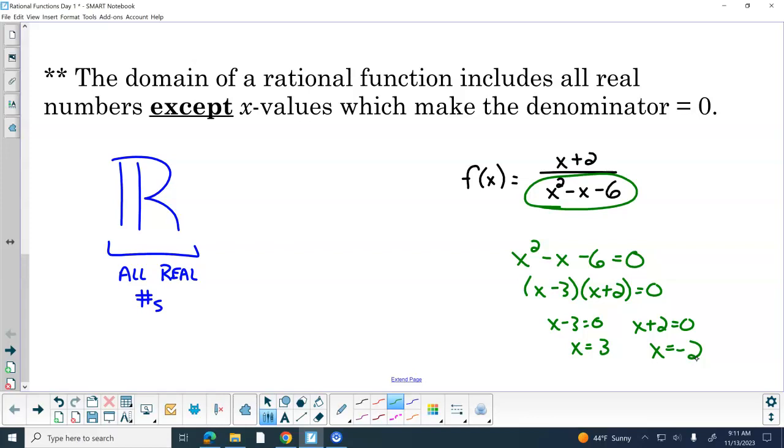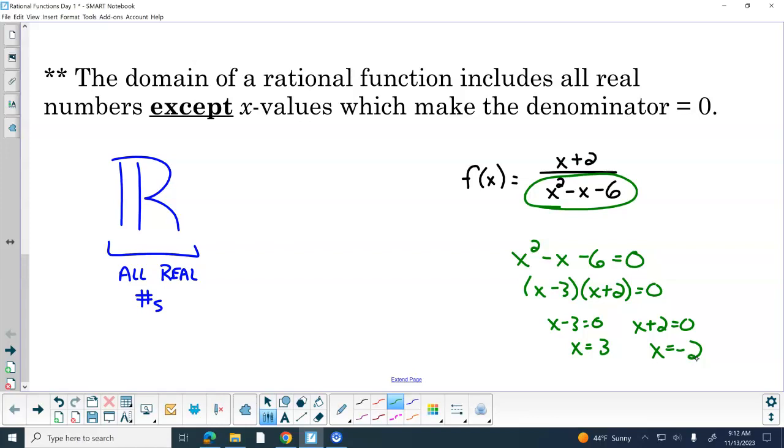Because if I plug in 3, I get 0 in the denominator. I can't do 5 divided by 0. If I plug in -2, I get 0 divided by 0. And I still can't even do that. You can't divide by 0. Okay?